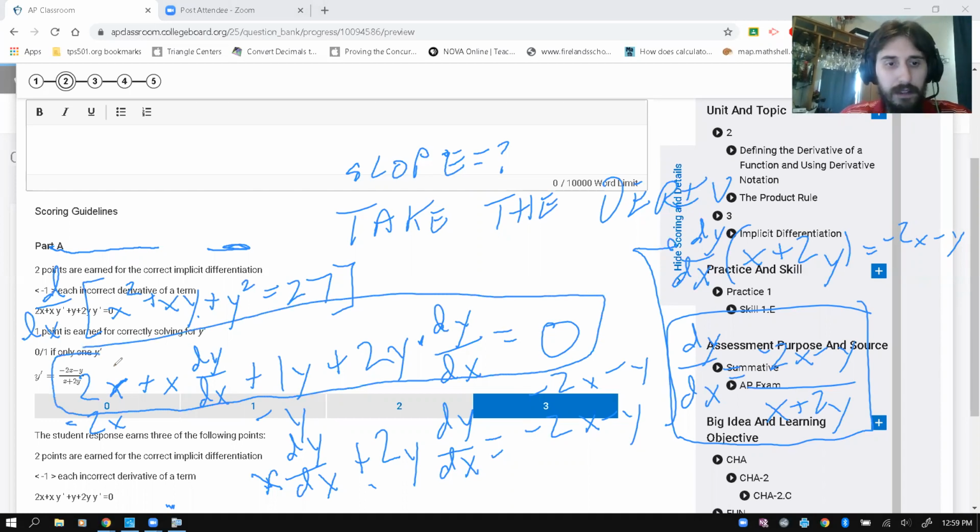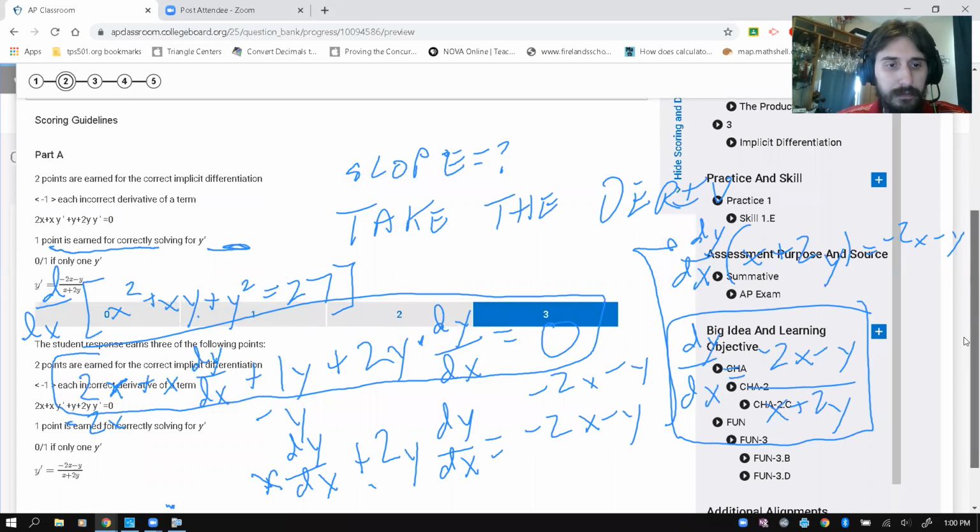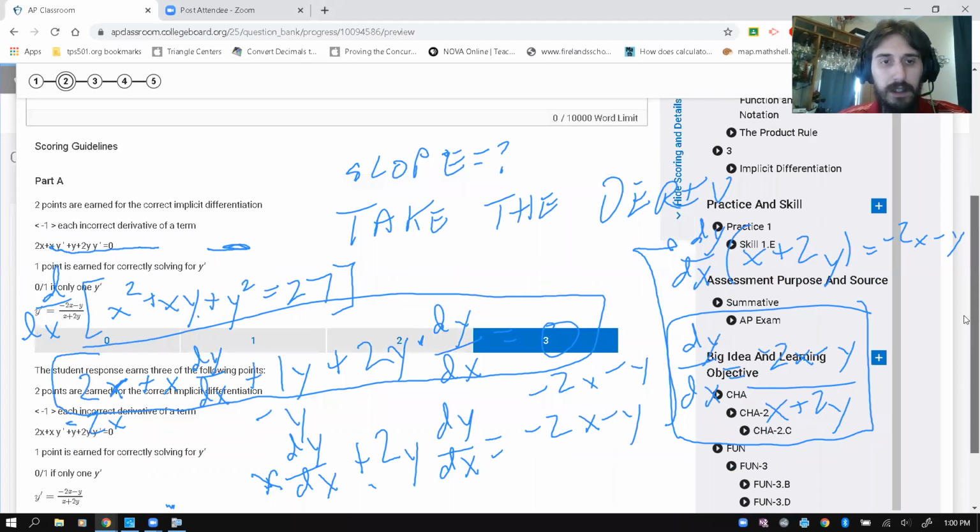And then you'll get 1 point for then, I believe, solving it for dy dx. Yeah, 1 point is for correctly solving it for negative 2x minus y over x plus 2y.